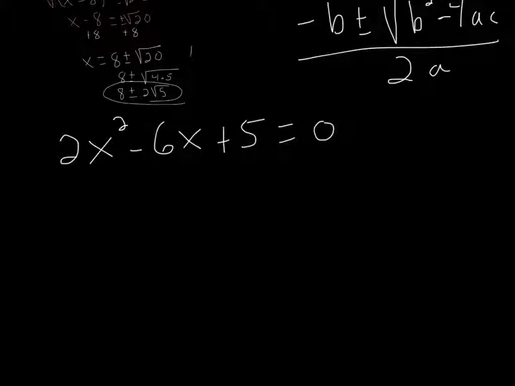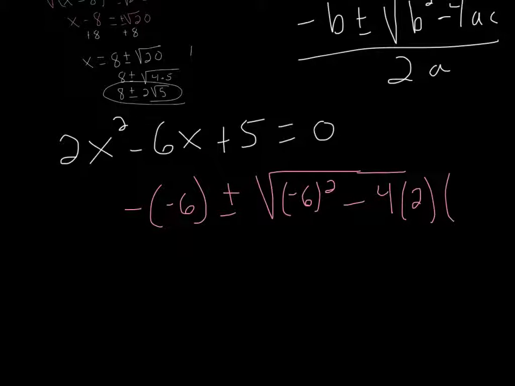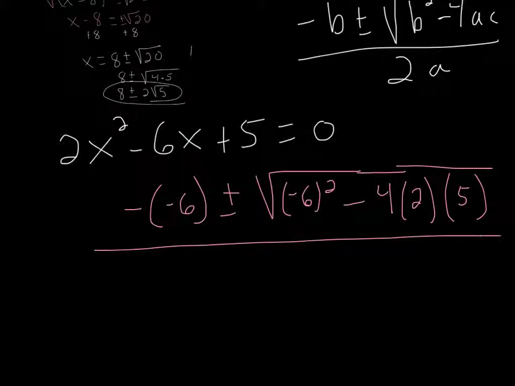We're going to do negative 6 plus or minus the square root of negative 6 squared minus 4 times 2 times 5, all over 2 times 2.